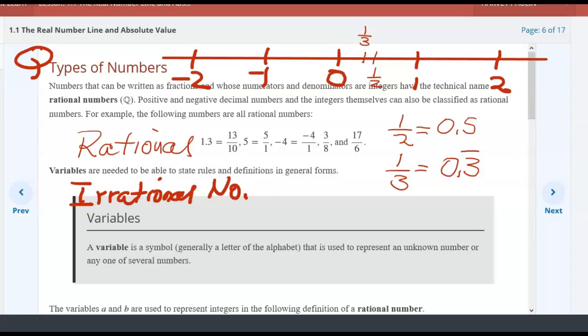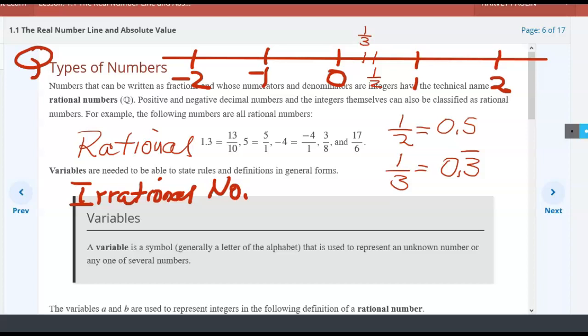Well, by definition, in their fractional decimal form, they do not repeat, as we see here, or terminate, but just go on forever.